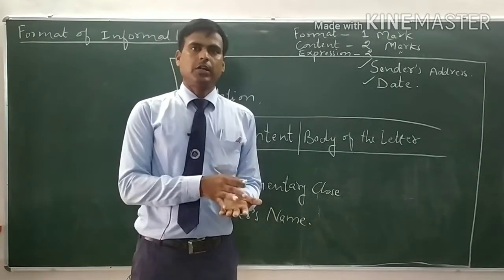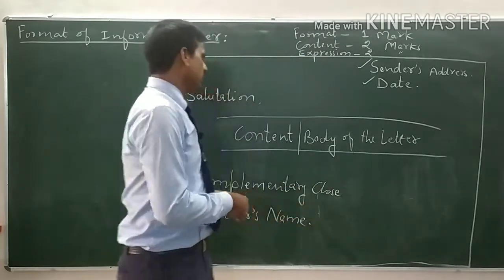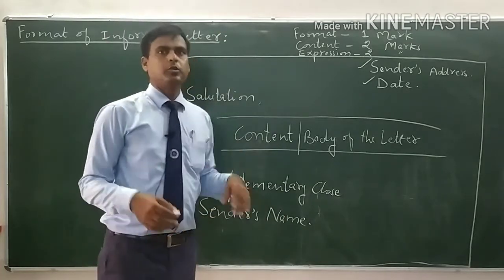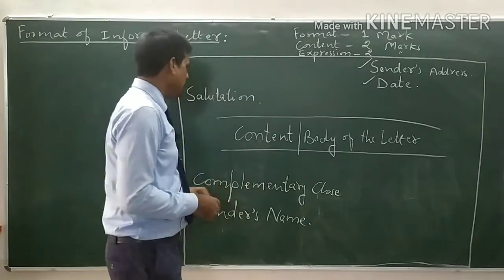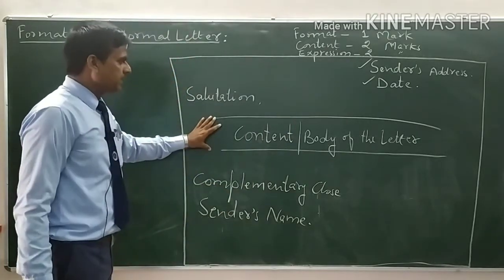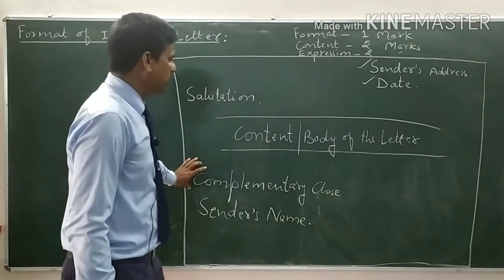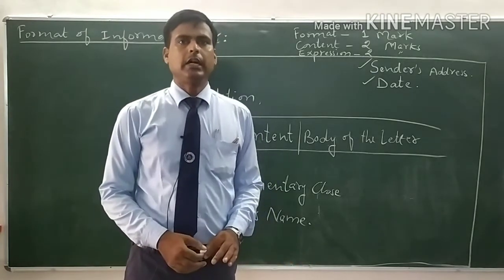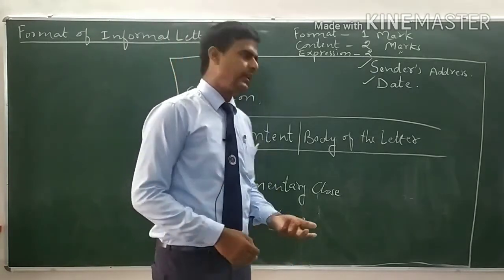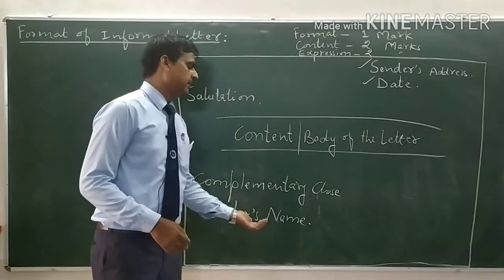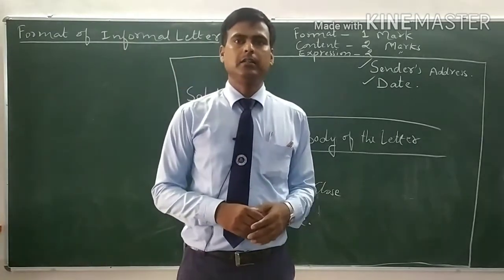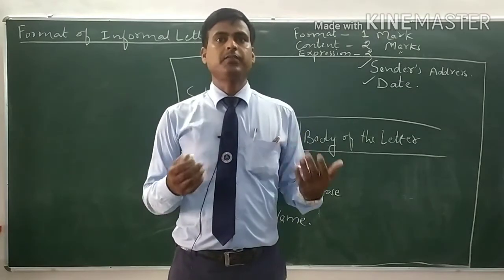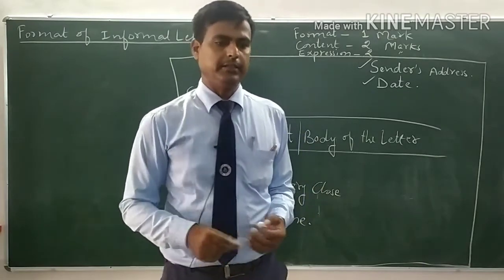It can be short or long, but it must not be too long, but small paragraphs. And after writing the content, we will write the complimentary clause, and after complimentary clause, in the end we will write the sender's name. The person who is writing the letter will write his or her name. This is the format of letter writing.